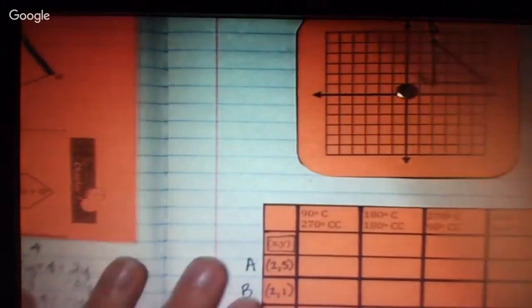Okay. So, the first thing we need to do is talk about clockwise versus counterclockwise. Which way are we rotating if we're rotating clockwise? To the right. Good. So, if we rotate clockwise, clockwise goes this way.